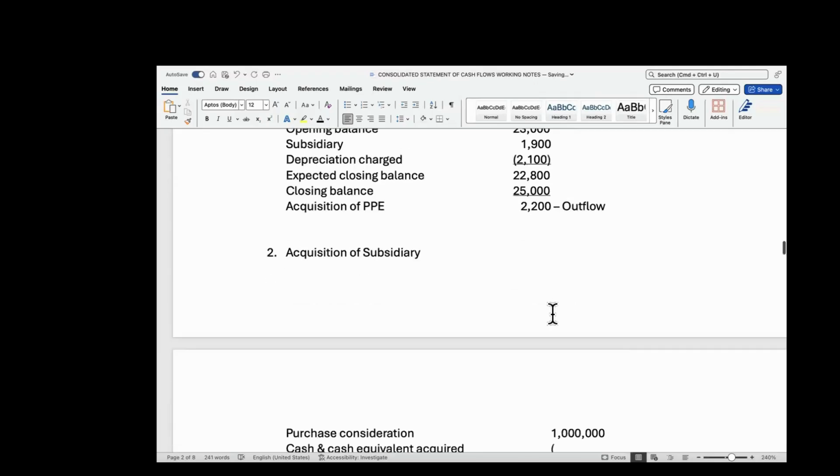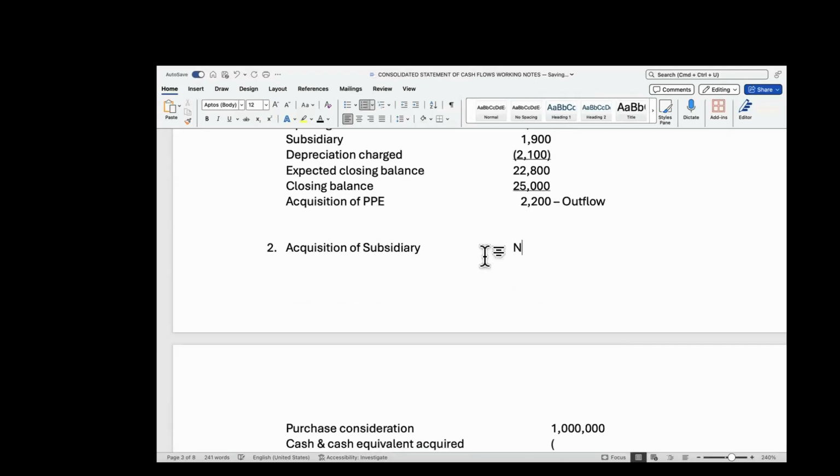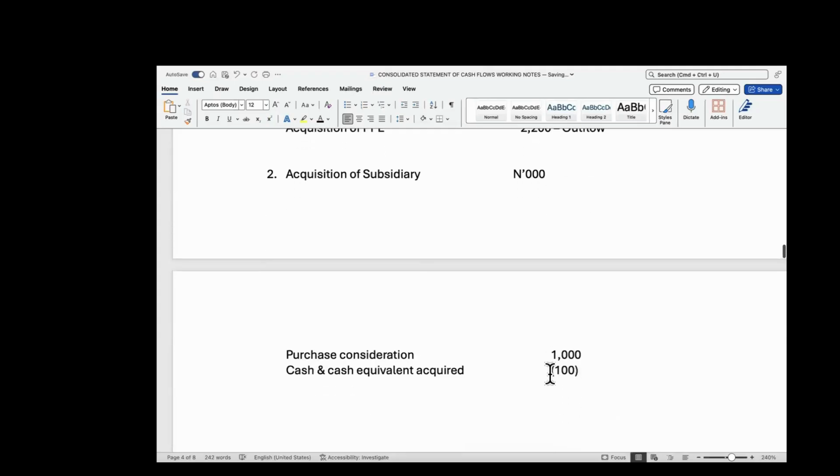So let me put the level of rounding off here. There was cash of 100 in his books. That means effectively the cash paid for the subsidiary is going to be 900. And this obviously is an outflow.